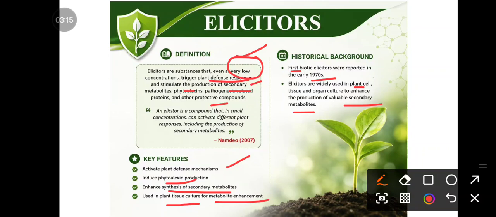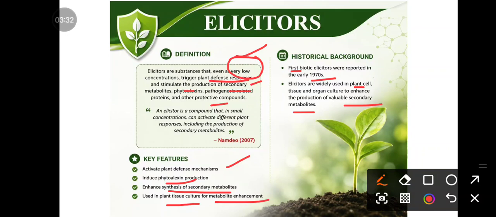Elicitor and effector are very different things, you can say just opposite things. If a substance is eliciting the defense response in the plant, we call that an elicitor.